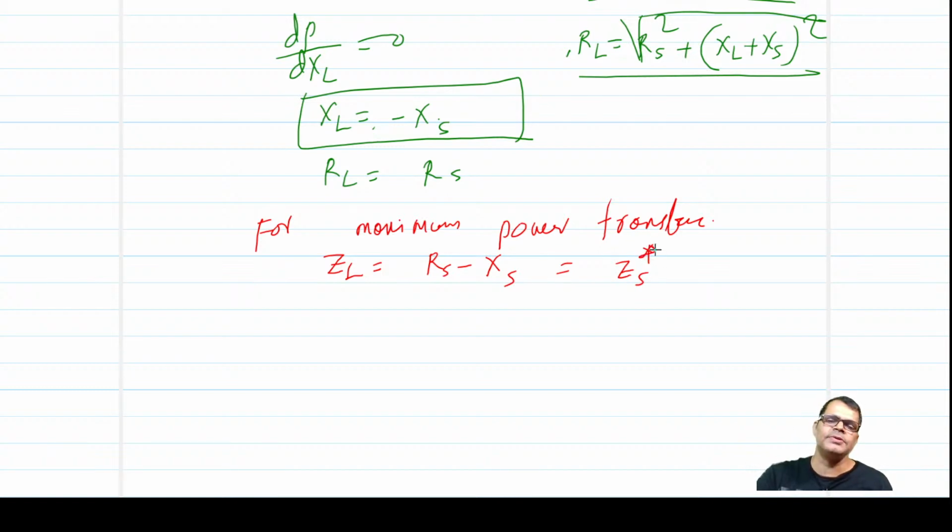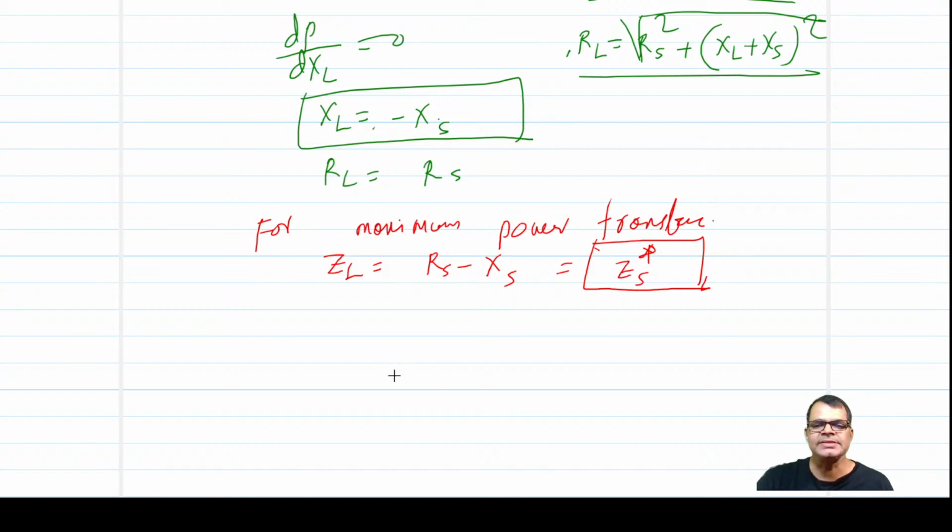If you have the freedom to vary both XL, that is the load reactance, and load resistance, you can vary and make it equal to the complex conjugate of the source impedance. This is important for the quiz or short question, 1 mark type questions.